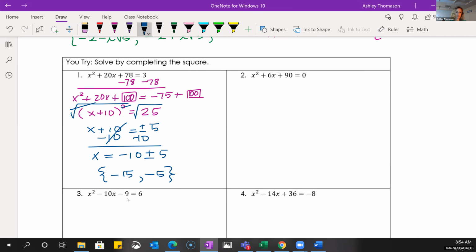So I would choose completing the square. Quadratic formula will work for every problem. Completing the square is only really mostly handy if that middle number is even because you have to divide it by 2, okay? All right, let me stop my recording.